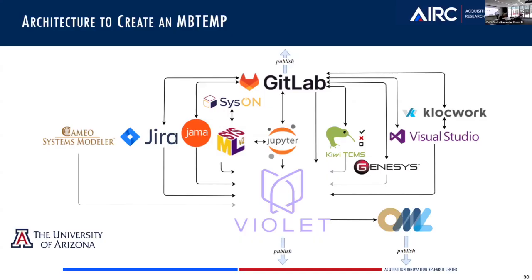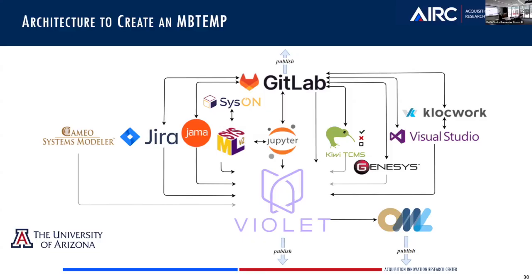What that enables us to do is to have some of the common elements and to merge, harmonize the data across these different tools, which ultimately enables us to publish this. Now there's another one down here called the ontology modeling language.